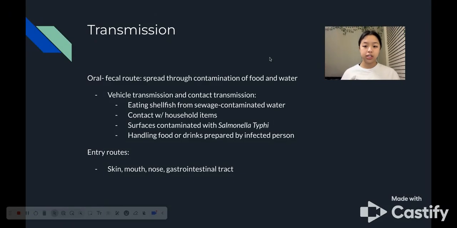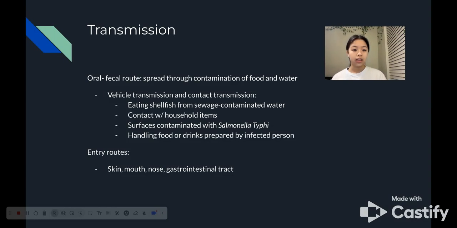So, how this is transmitted is through the fecal-oral route, or vehicle transmission, or contact transmission. As you can see from here, eating shellfish from sewage contaminated water, contact with household items, having surfaces contaminated with Salmonella typhi, or handling foods or drinks prepared by an infected person.